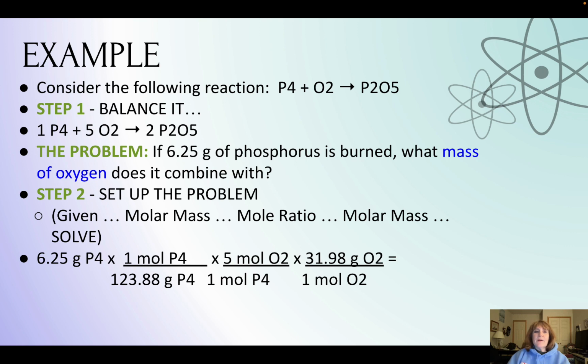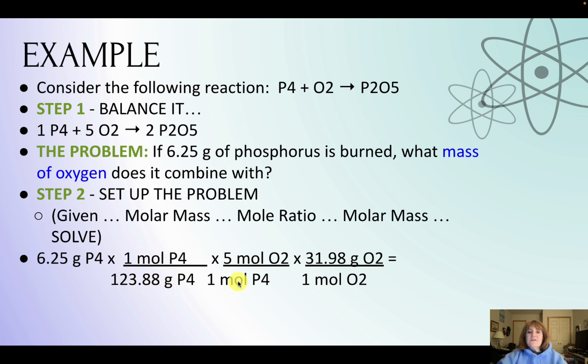So here's this problem. You start with what you're given, 6.25 grams of P4. We need to convert the grams to moles, the moles to moles, and the moles back to grams. But notice the substance changed right here. Then you go back in and fill in what those values are. So the molar mass of P4 is 123.88 grams per mole.